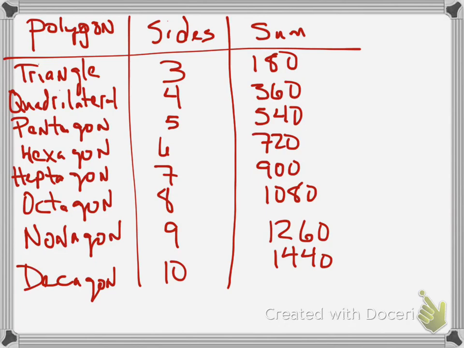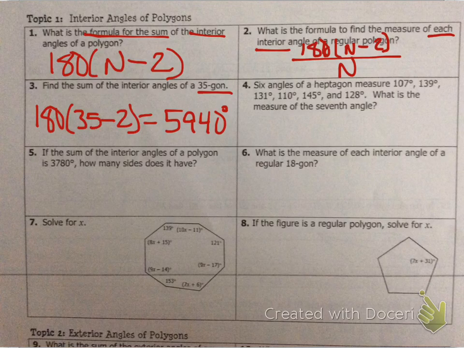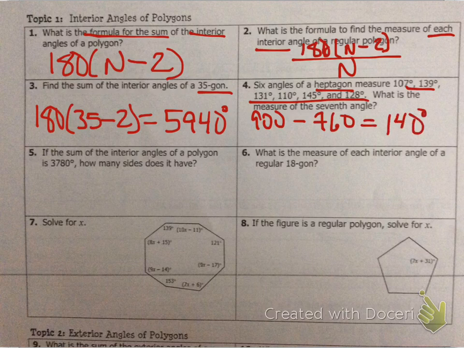The reason I would add that is because if it says there's a heptagon, I know that adds up to 900 degrees. If I add up all of these angles here, I get 760. Then if I subtract those two, I get 140. So that means the seventh angle is 140 degrees.